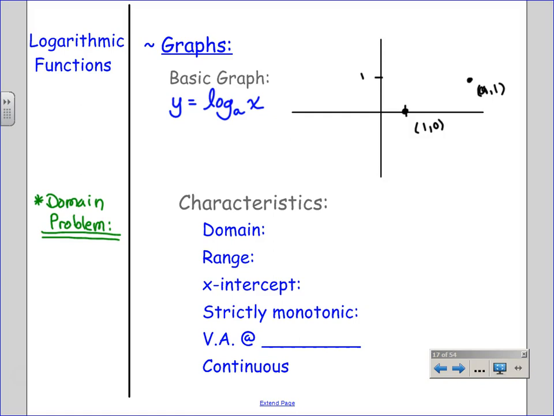I'm not quite sure where that is, but some fraction-y thing down here. Sorry, I did not flip it. 1 over a, negative 1. Why? Because they're inverses, and inverses flip. The domains and ranges switch, the x's and y's switch. That point was just kind of ugly, sorry.